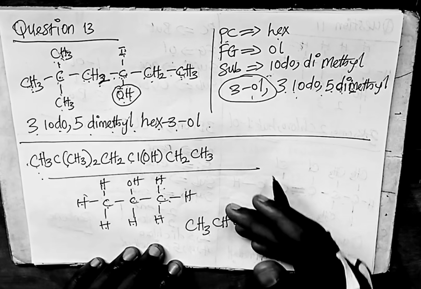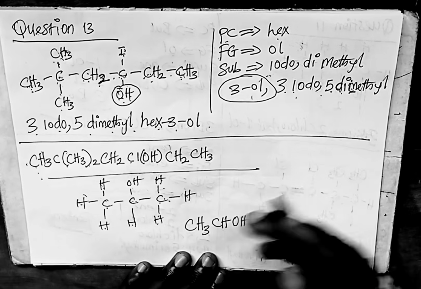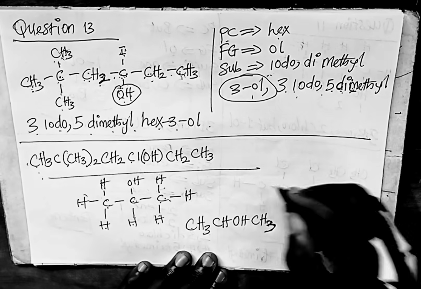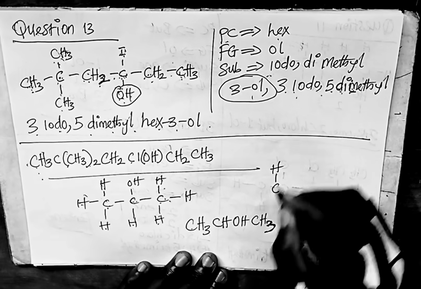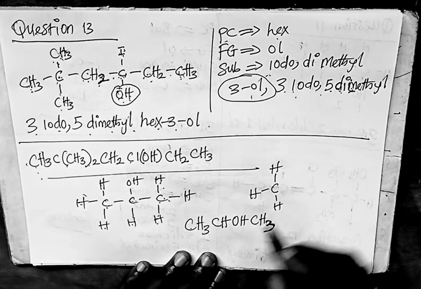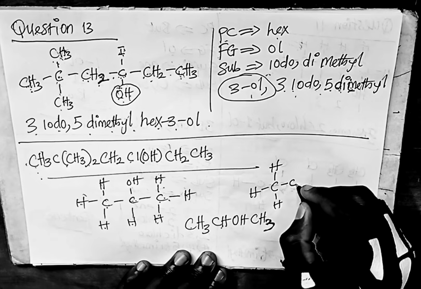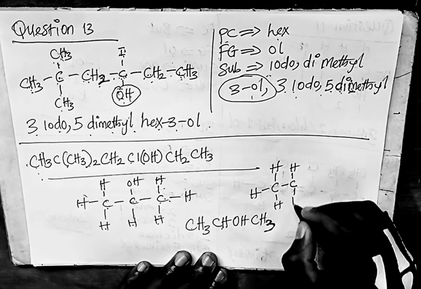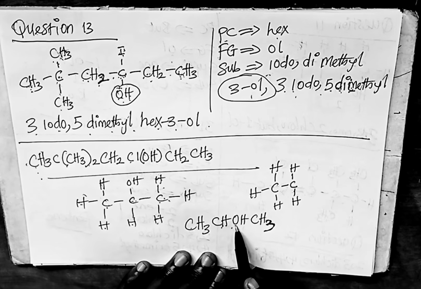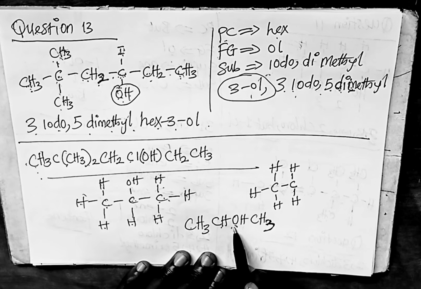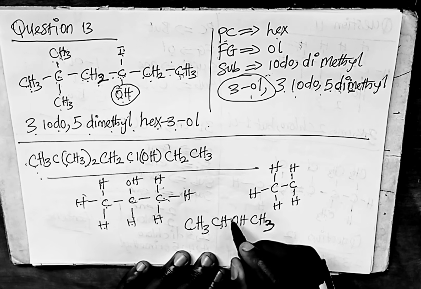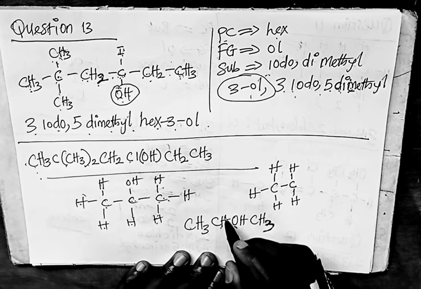So this is the condensed formula, and you can expand this back. If you want to expand it back, just follow the same rule. CH3: C bonded to 3H. What next? You have CH, you bond them, give it 1H up and 1H down. What next? You have it bonded to OH. Okay, this thing is wrong, it's supposed to be COH.